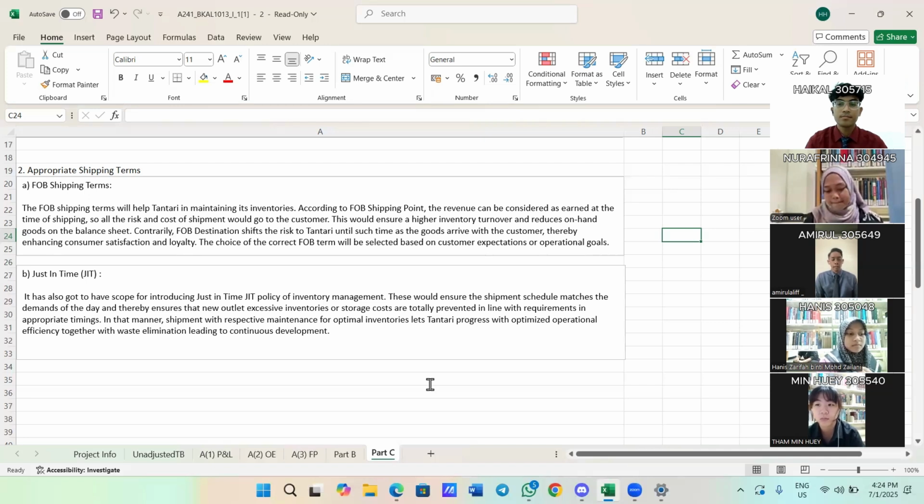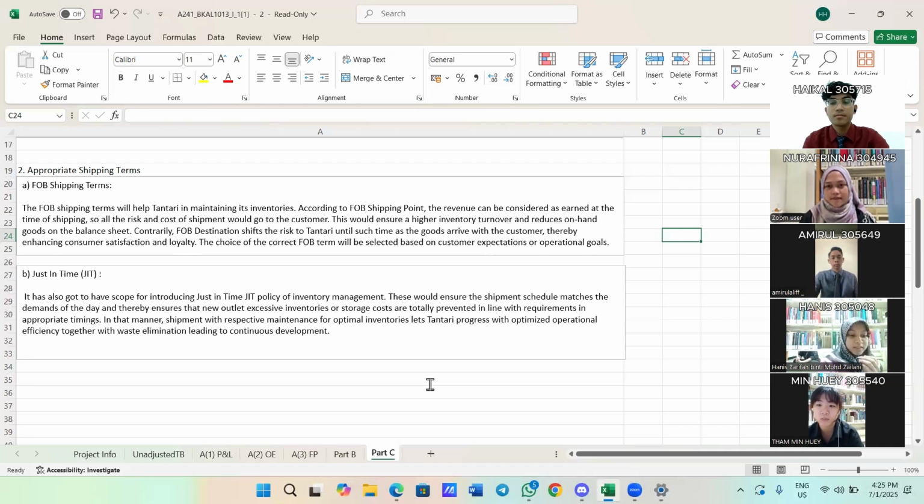Anybody has the answer for appropriate shipping terms for question 2 for part C? Okay, I guess Santari should also apply just in time to get the appropriate shipping terms. It should also have scope for introducing a just in time policy of inventory management.